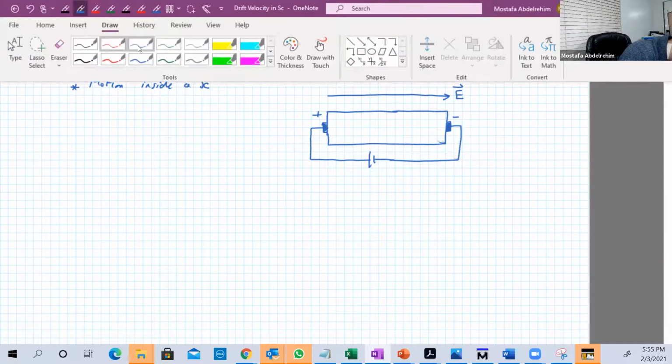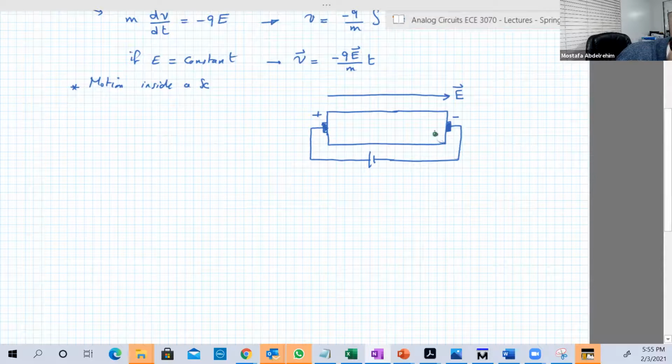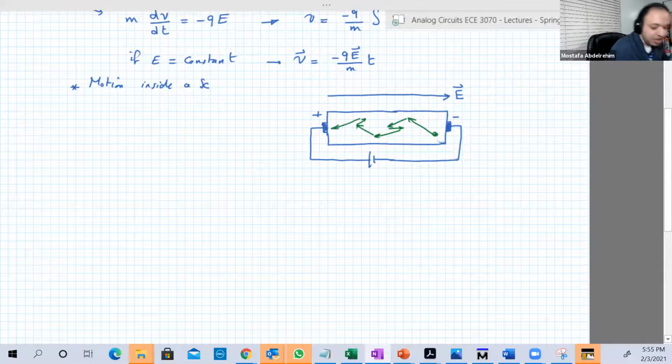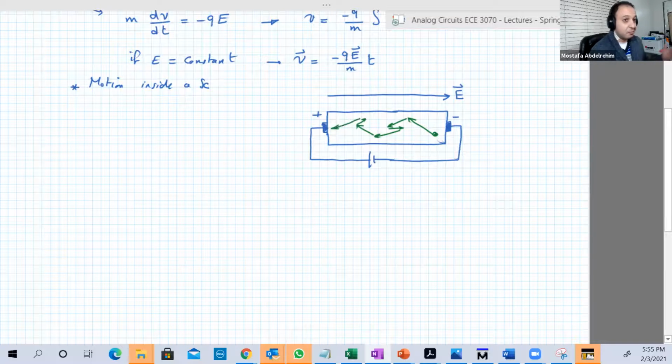So it may do something like this. Let's draw it with another color, for example. Here is the electron. It may move like this, then this, then a little bit backward, a little bit forward, forward again, a little bit backward, until it reaches the positive terminal. If you look here, most of the time the electron is moving in the direction from the negative to the positive. I mean, there is a net velocity.